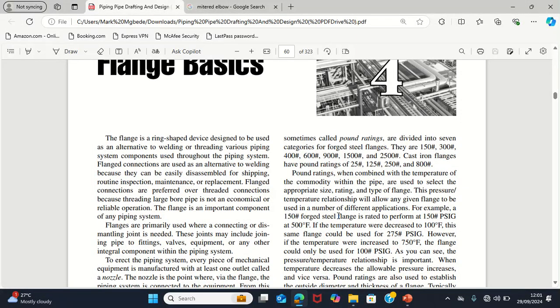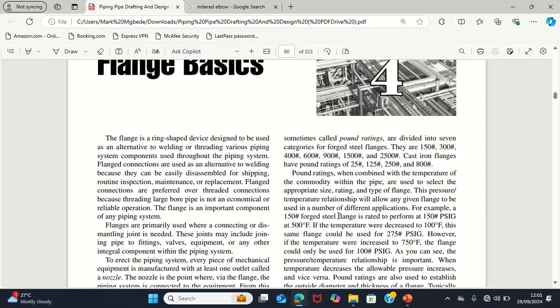And that pound rating is categorized into several categories for forged steel and several categories for cast iron, which, for forged steel, are class 150, 300, 400, 600, 900, 1500, 2500. For cast iron, they have their own also.